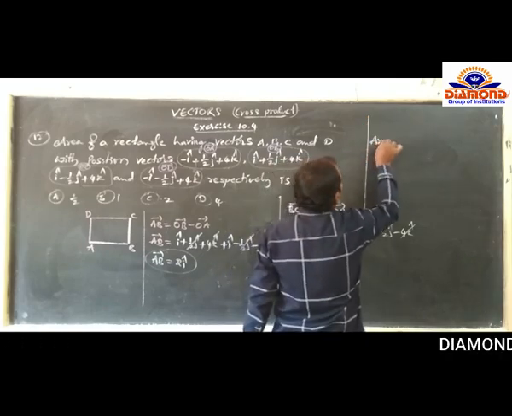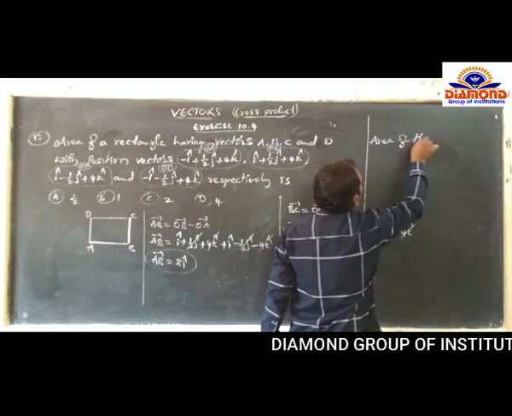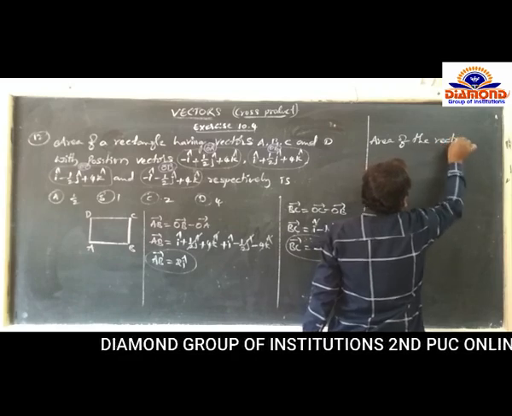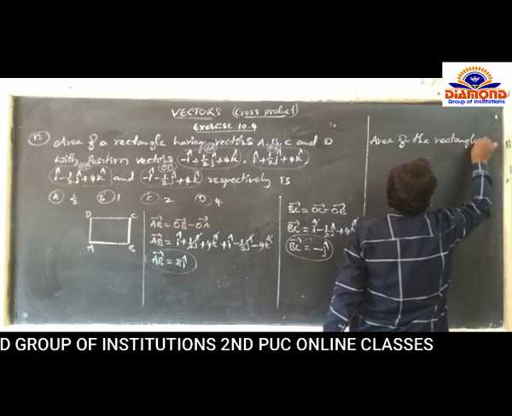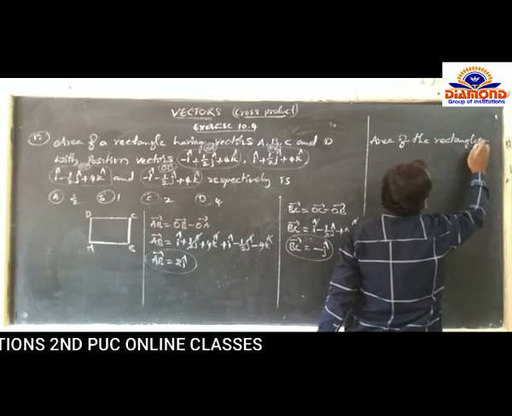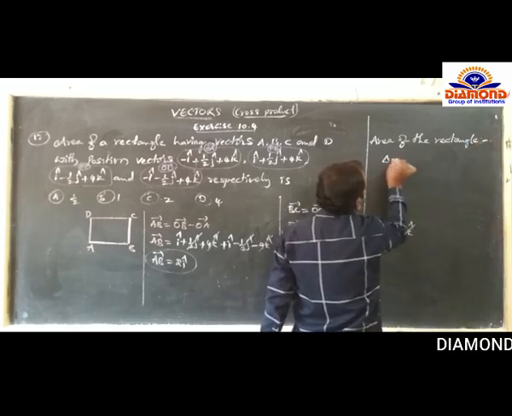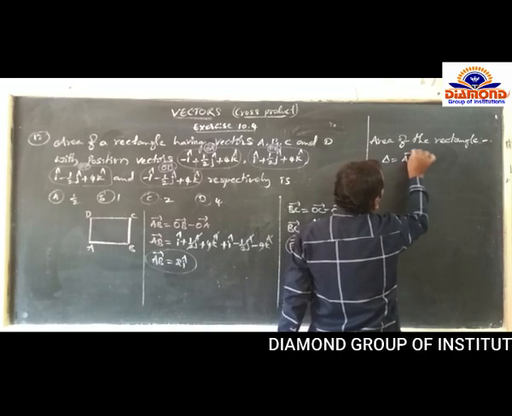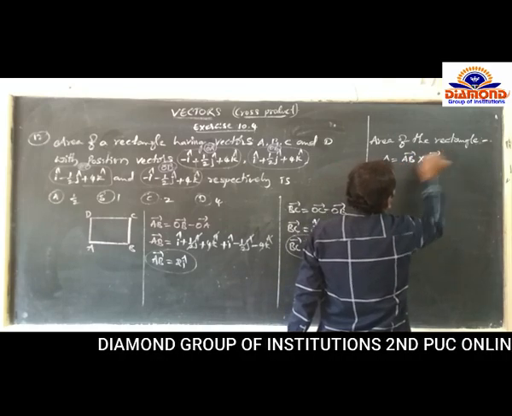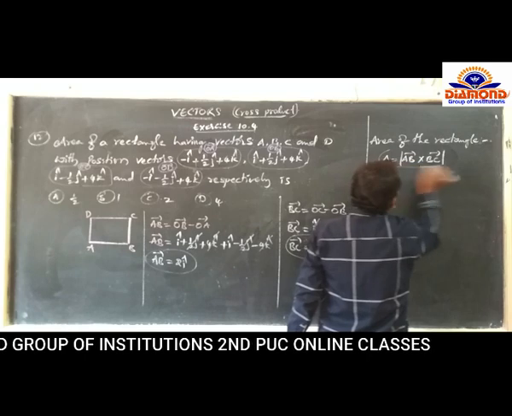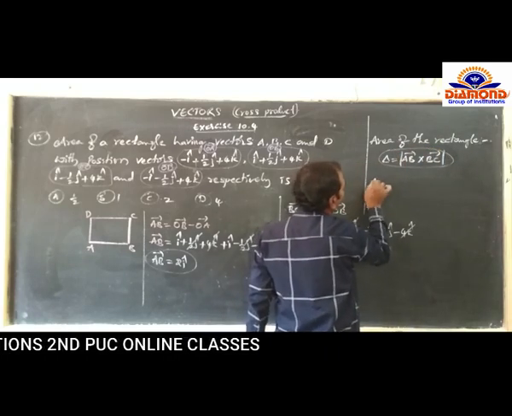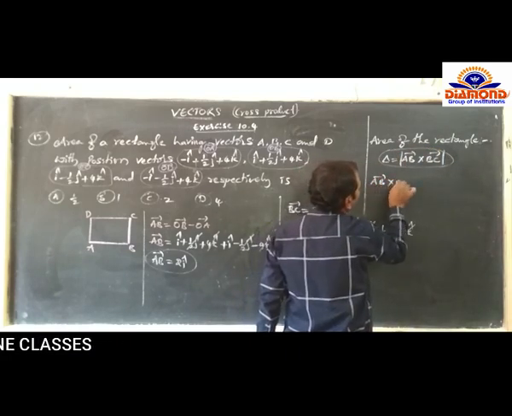So the area of the rectangle, delta, equals the magnitude of AB cross BC. This is the formula. First you calculate AB cross BC.